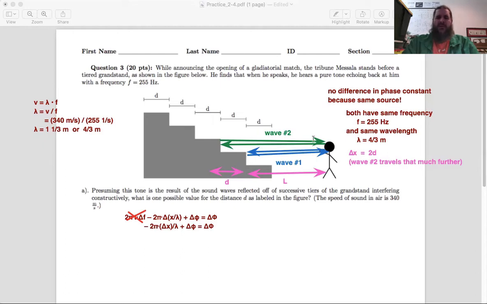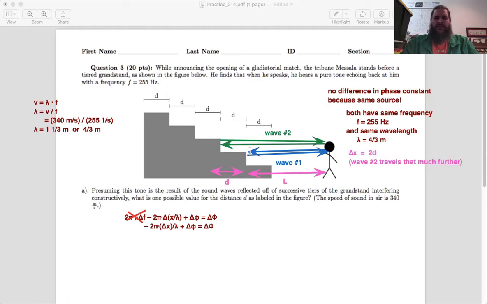In this case, though, both waves are coming from the same source, so there's no reason why they would have different phase constants. I think the only exception would be if the waves are coming from the same source, but one of them is being modified in a different way from the other. Maybe one of them is passing through some sort of filter that modifies it to have opposite phase shift.